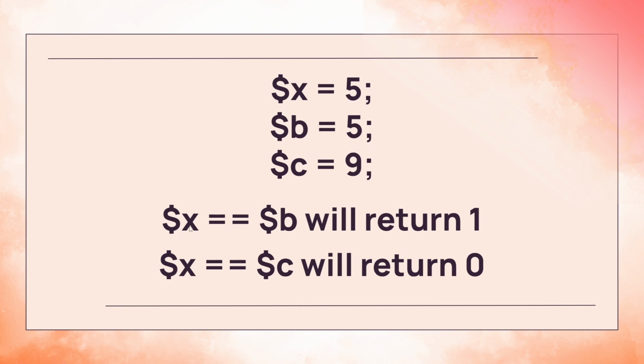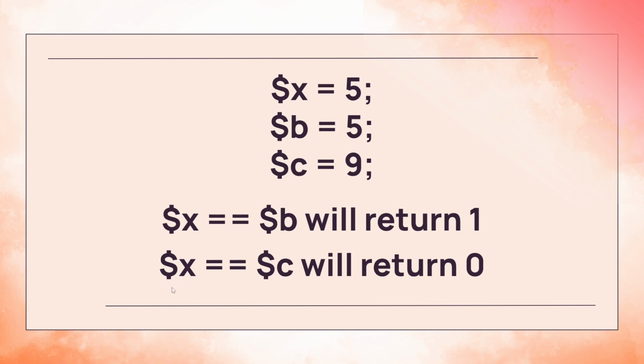In the first condition, I have typed a comparison operator, which is double equal to. What it will do is check whether x is equal to b, which in our case is yes, and it will return 1. It means that if you type echo and try to print this statement, it will print the value 1.